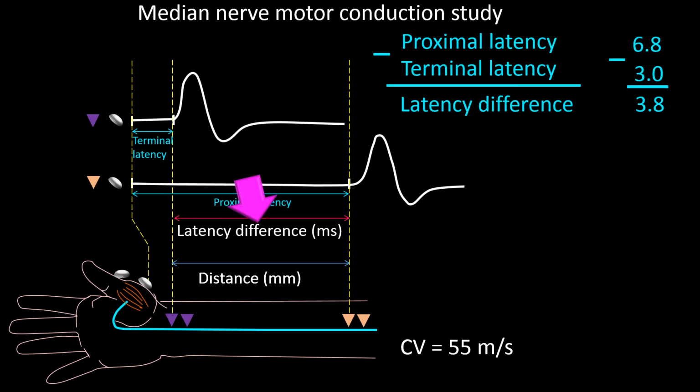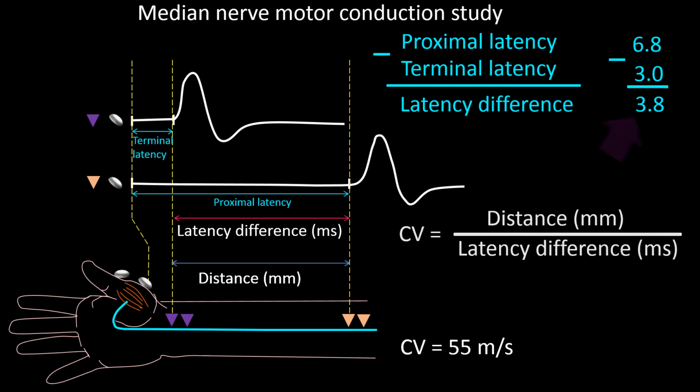Thus, the latency difference is 3.8 milliseconds. The second step is to calculate conduction velocity by dividing the distance between the cathodes in millimeters by the latency difference.